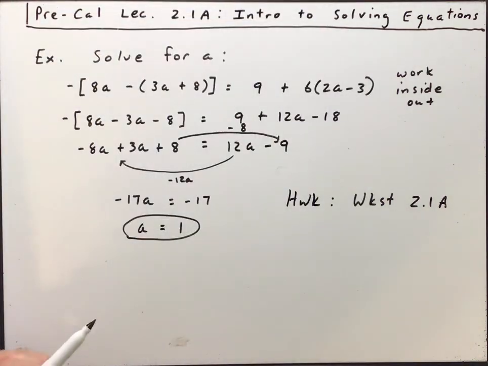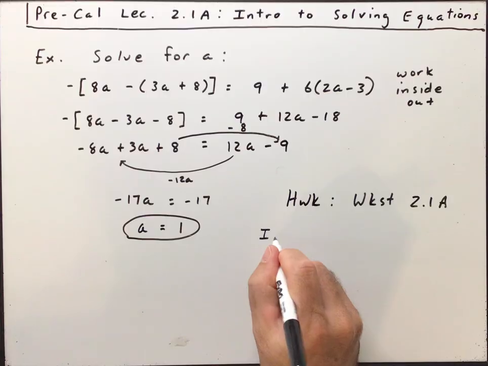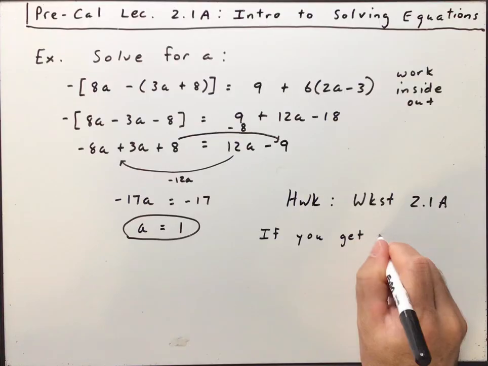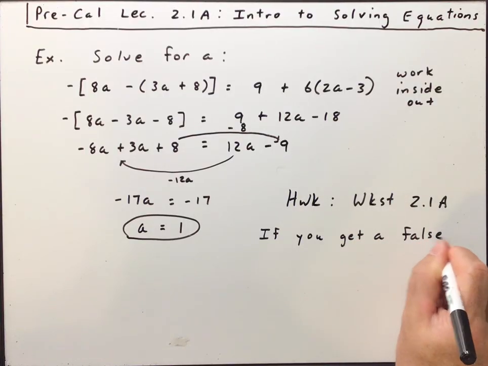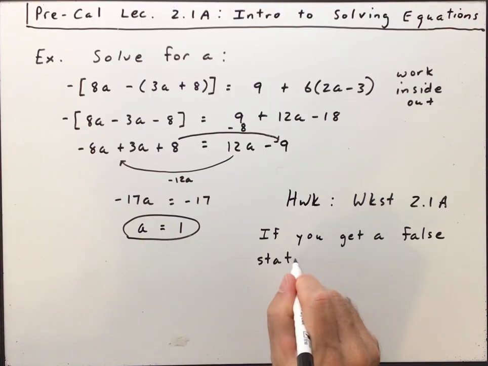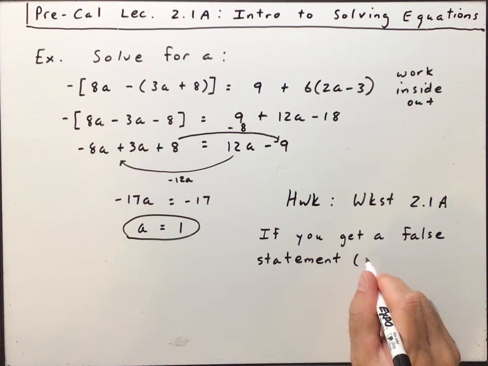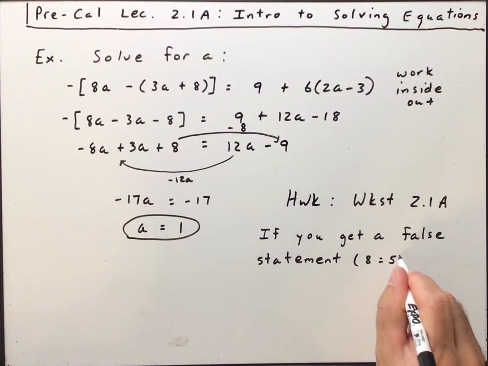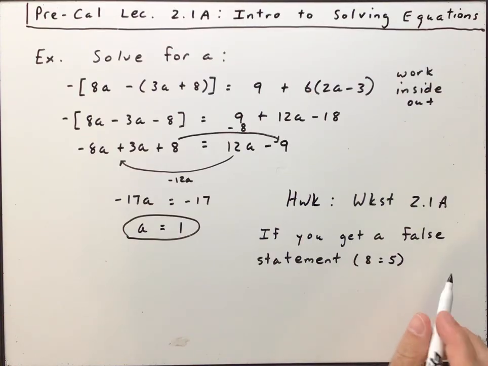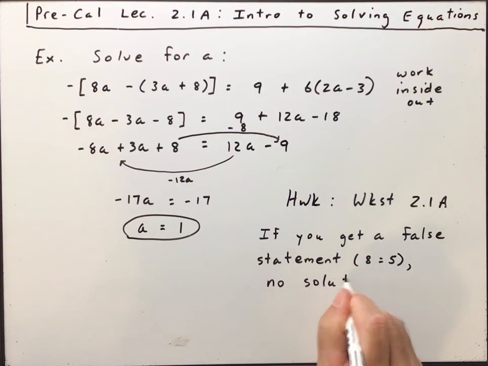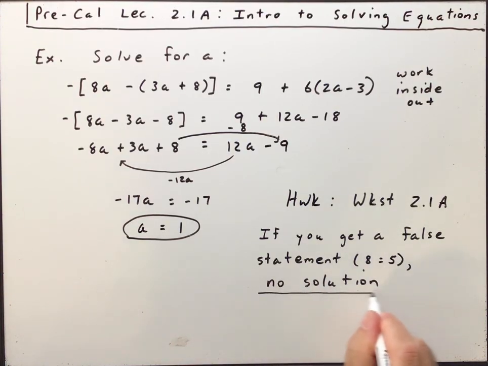So I will tell you that if while you're working the problem you get a false statement, so let's say that you work through the problem and you get a statement such as, I don't know, 8 is equal to 5, then you would have the answer is no solution. So you can have a situation where there is no solution with these linear equations.